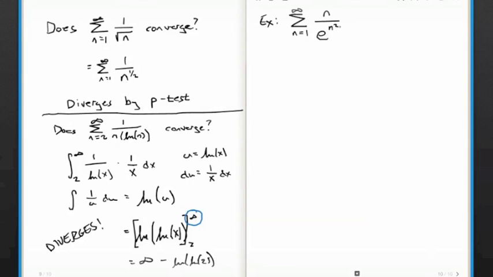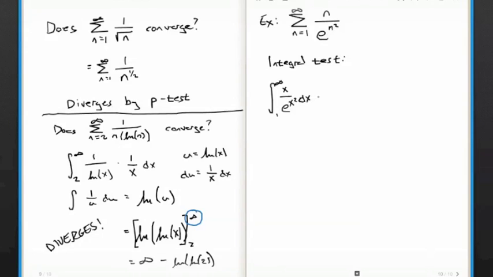Well, the question is, does it converge? And if so, what is the sum? So let's do the integral test. So I'm going to take the integral of x over e to the x squared, going from 1 to infinity, times dx.